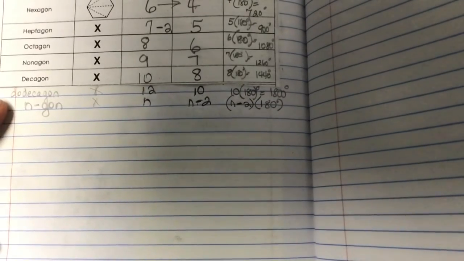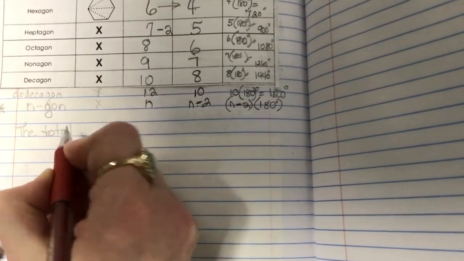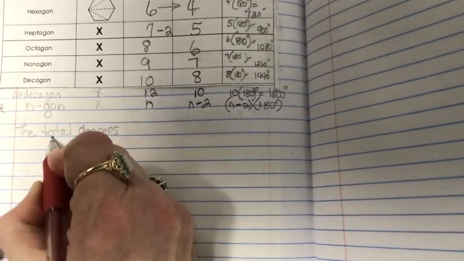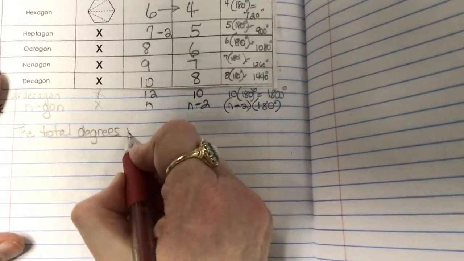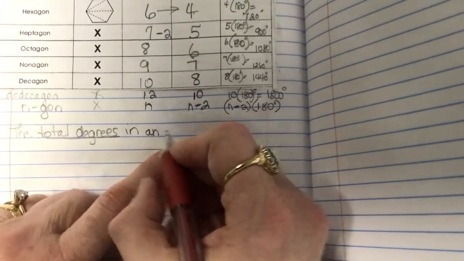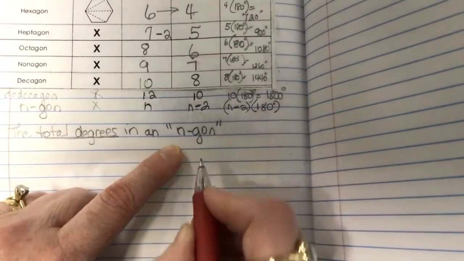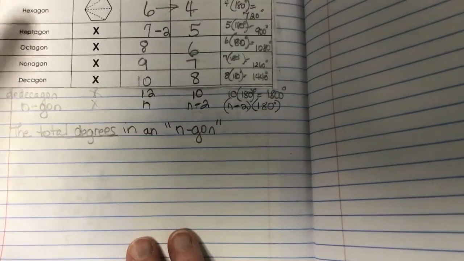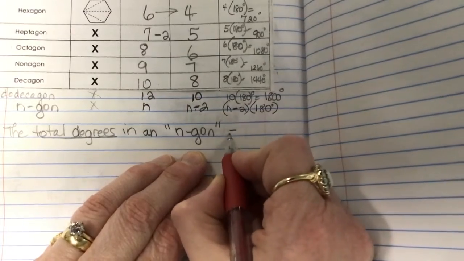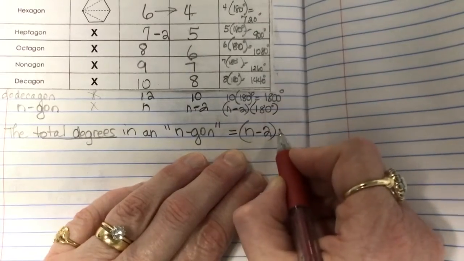So whether you realize it or not, you just wrote the formula for the total number. Let's see, we'll just say total degrees in any n-gon, whether it's a decagon, whether it's a pentagon, whether it's a 50-gon, always equals n minus 2 times 180.